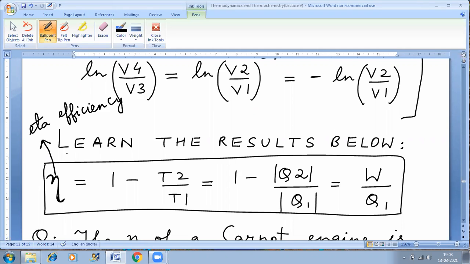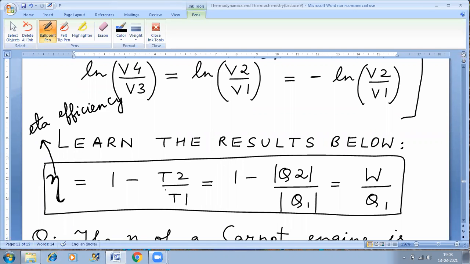And how do I find out the value of eta? Eta is equal to 1 minus T2 upon T1. T2 is the temperature of sink, T1 is the temperature of source.